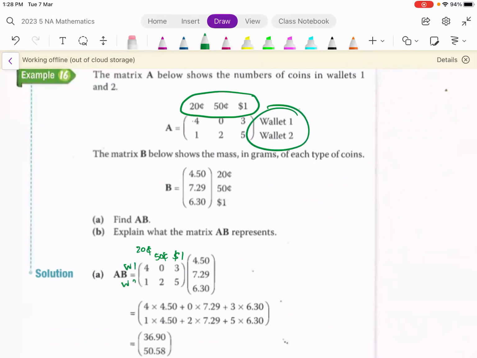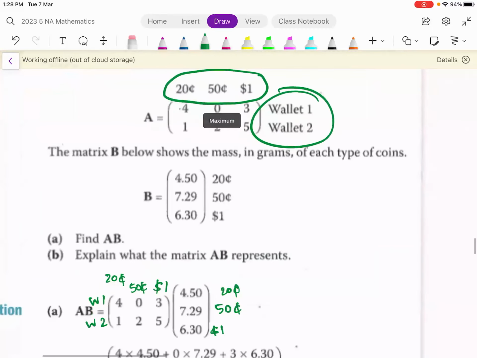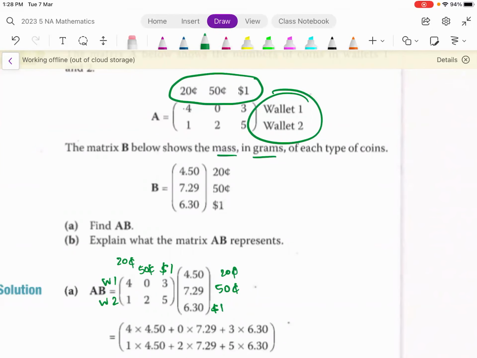Matrix B has our 20 cent, 50 cents, and $1. In addition, one thing they didn't show, matrix B shows the mass in grams. So this is the mass.